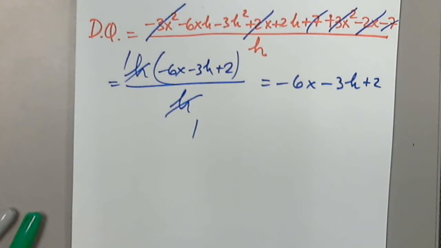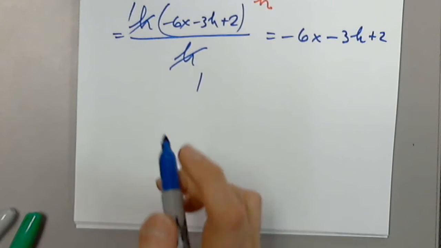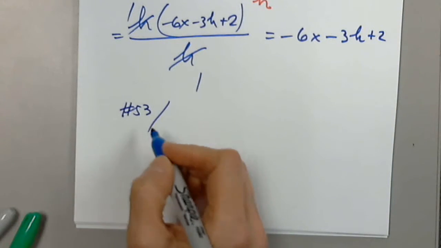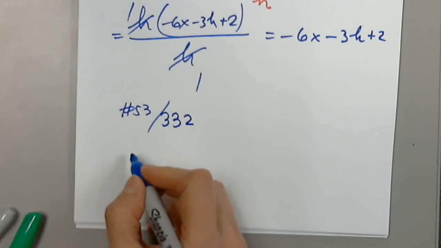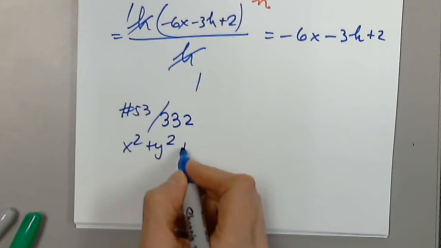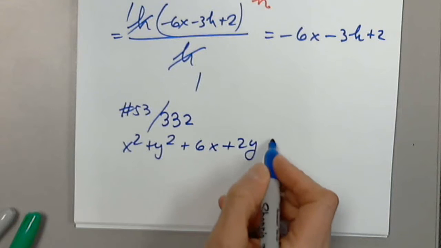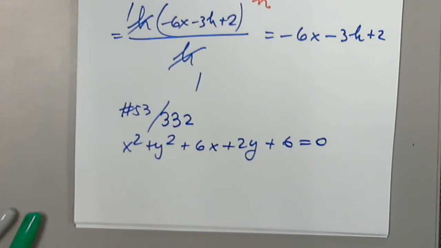Yes, found it. Let's say 53 on page 332. So we have x squared plus y squared plus 6x plus 2y plus 6 equals 0.